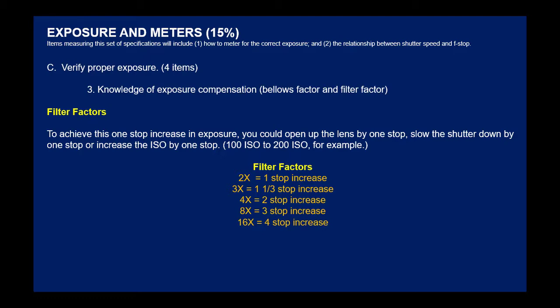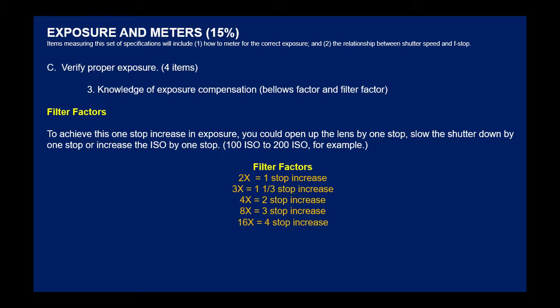When you have a filter factor of 4x, that means that we need to increase the amount of light reaching the sensor by 4 times. 4 times the amount of light is 2 stops. So we again either have to open up the lens or slow down the shutter or increase the ISO by 2 stops when you have a filter factor of 4.